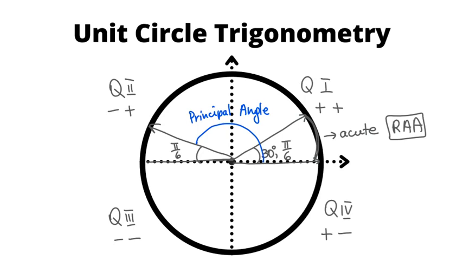So this angle here, the principal angle, is 150 degrees, or it is 5 pi over 6. So the ratio sine of 5 pi over 6 is going to be equal to sine of just pi over 6. However, there will be changes in signs, positive and negative, for those ratios. So the numerical value will be the same, but the signs could be different.